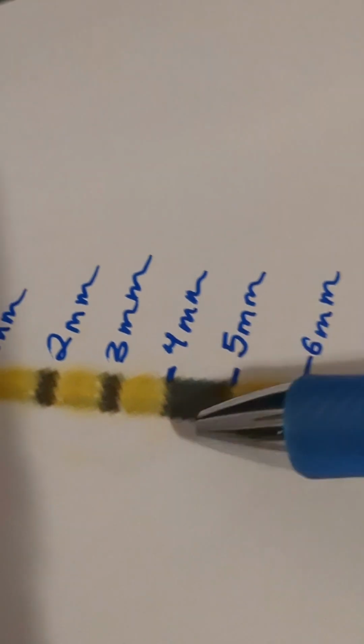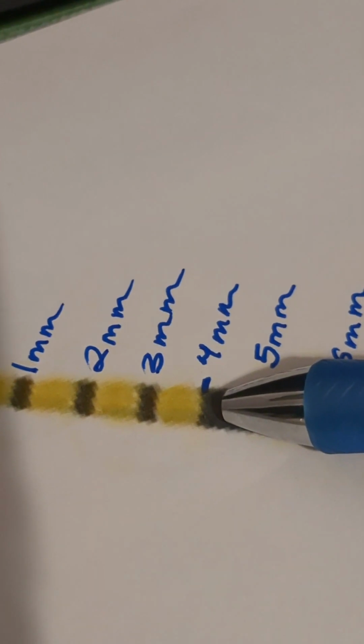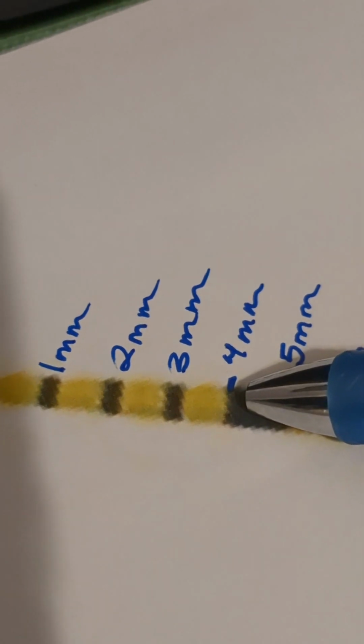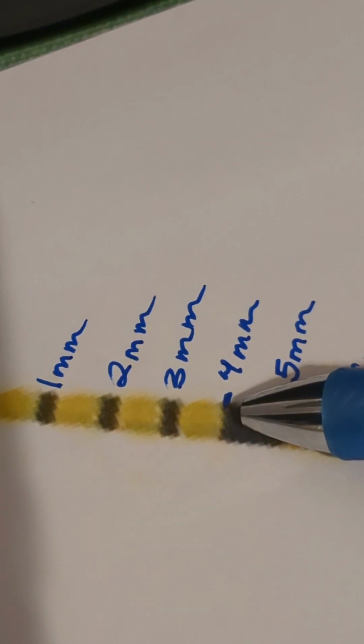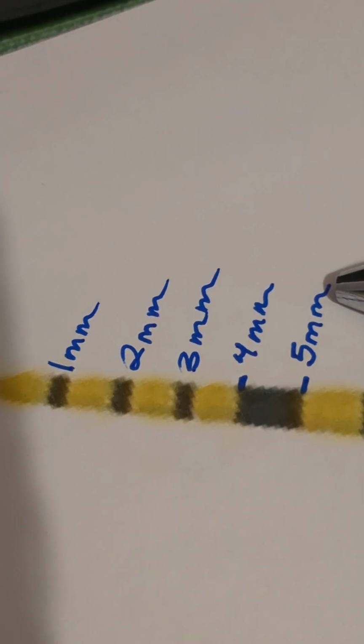So let's go over to 4 millimeters. We're probing. It stops at 4 millimeters right here. It is 4 millimeters. However, if it stopped in this area over here, it would no longer be 4 millimeters. We would count it as 5 millimeters.